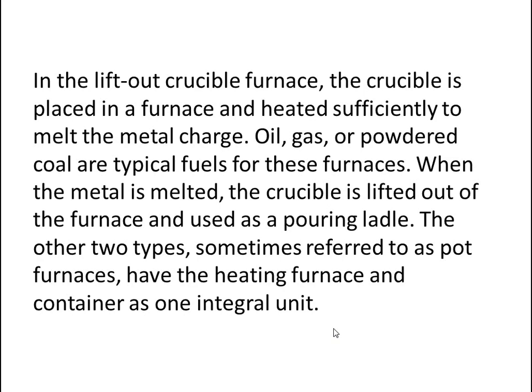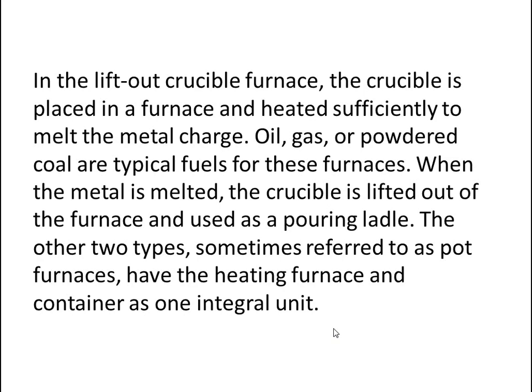In the lift-out crucible furnace, the crucible is placed in a furnace and heated sufficiently to melt the metal charge. Oil, gas, or powdered coal are typical fuels for these furnaces. When the metal is melted, the crucible is lifted out of the furnace and used as a pouring ladle.